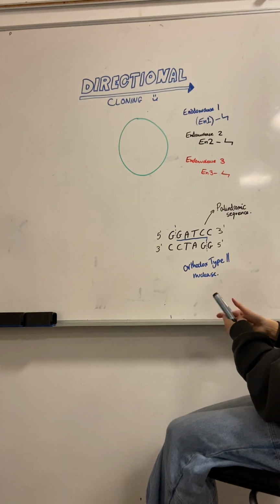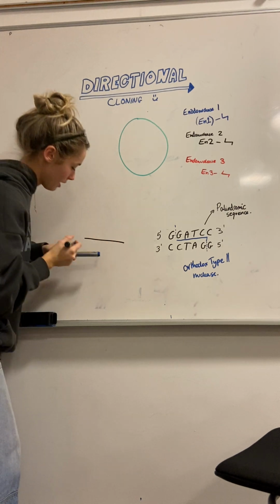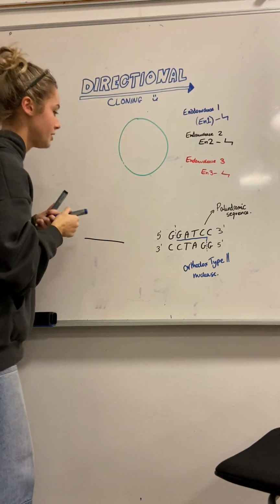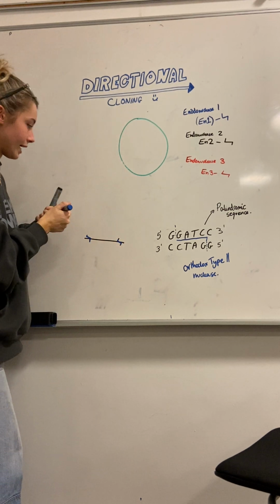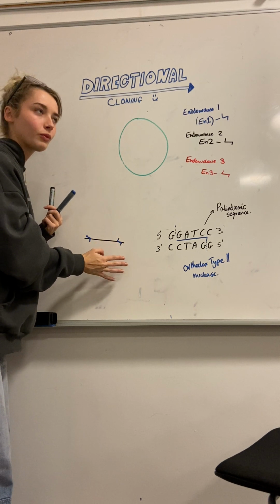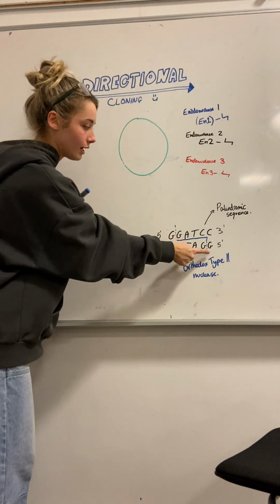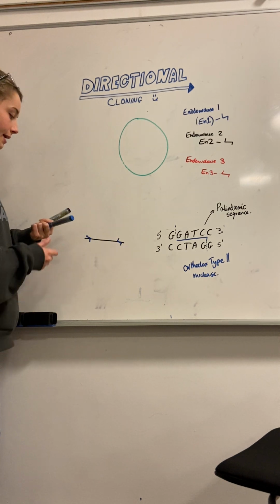So my point here is, if we're trying to get this gene and pop it into this plasmid, and we cut it with an orthodox type 2 nuclease, which has a palindromic recognition sequence here and here, we basically get two ends that are the exact same.